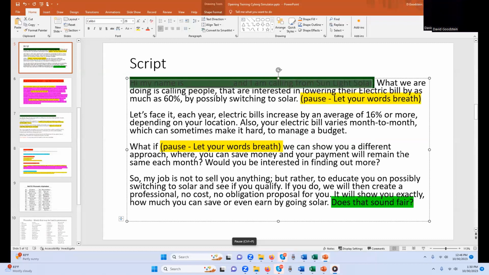Again, a tie down, right? This is a tie down. It's a trial close. Number one, you're testing their temperature to see if they're interested. But more importantly, you're giving them the opportunity to speak, breaking up the monotony of you rambling on.